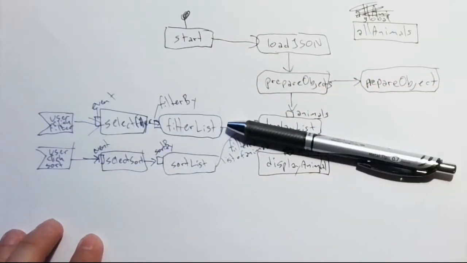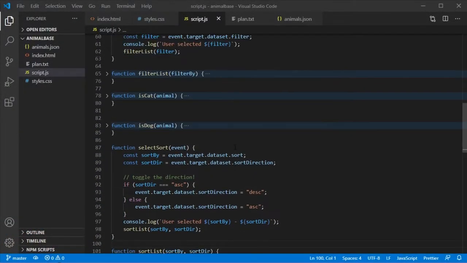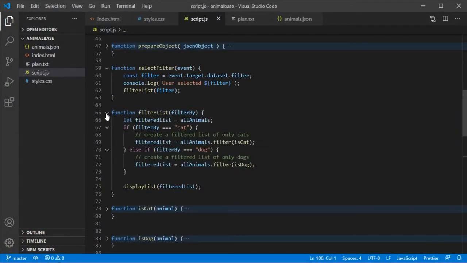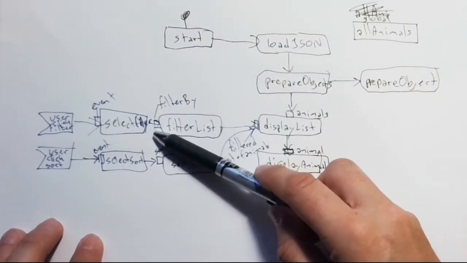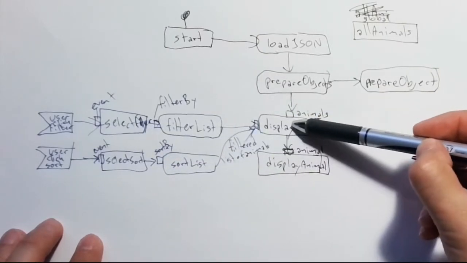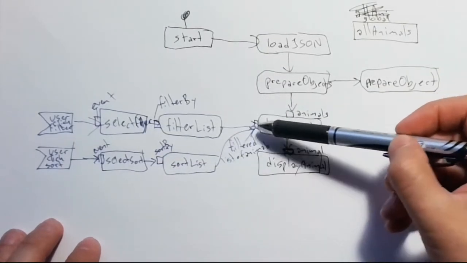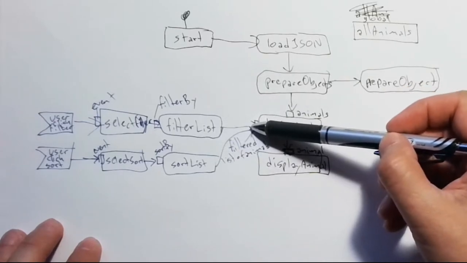And if we look at that function for filter list, it creates a new list that is filtered from all animals. And that list is then displayed. So display only displays the list that has been filtered.